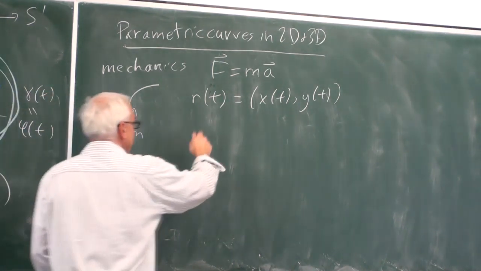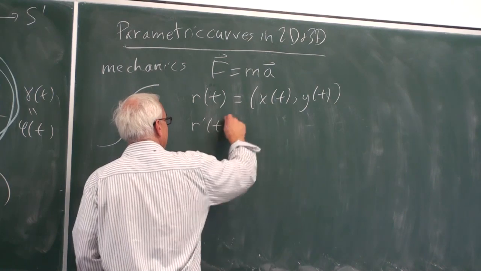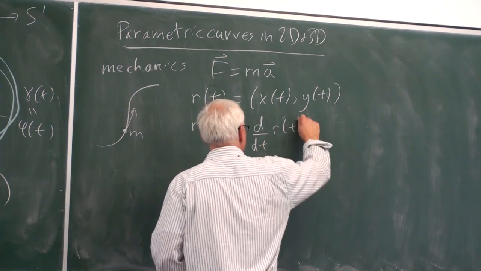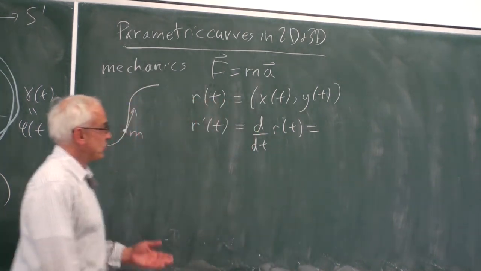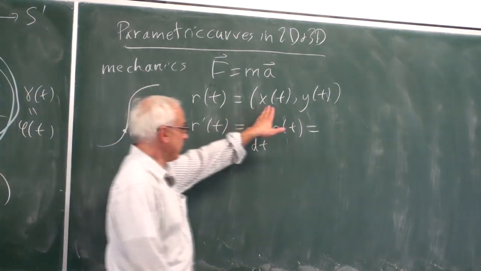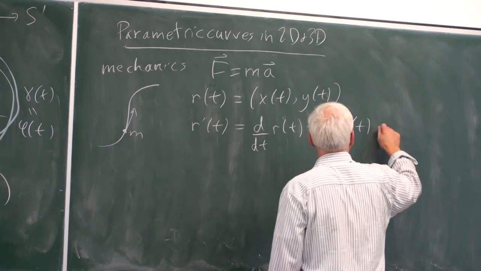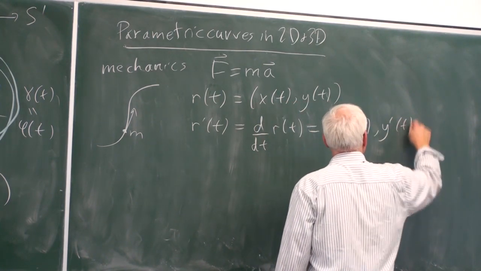And then we're going to define r prime of t as d by dt of r of t. And that's the derivative in each component separately. So it's x prime of t, y prime of t.